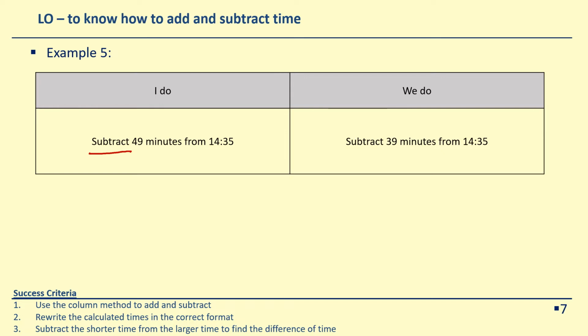There's a little step in there to learn. So let's write this out. Let's write 14:35, subtract 49. So straight away, 35 take 49, we're going to end up with a negative number.